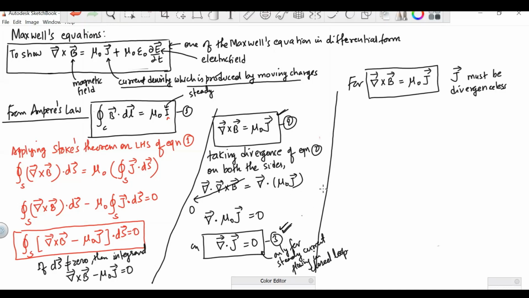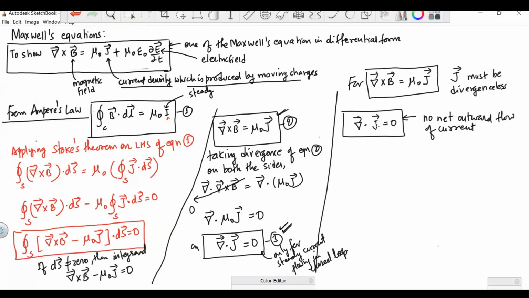Okay, so I'm rewriting equation 3 over here. So we have this. So it indicates that there is no net outward flow of current, since the divergence of current density is 0.